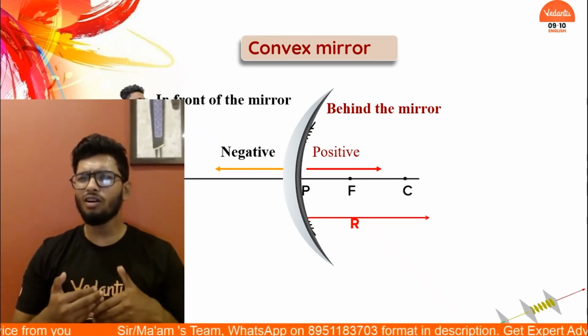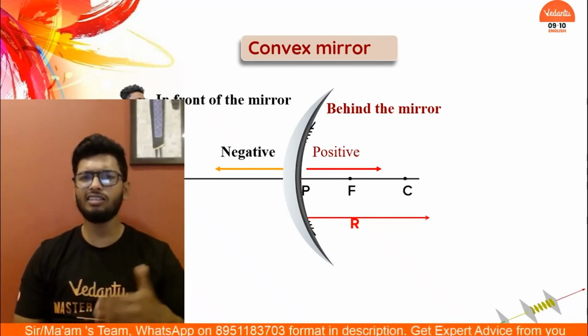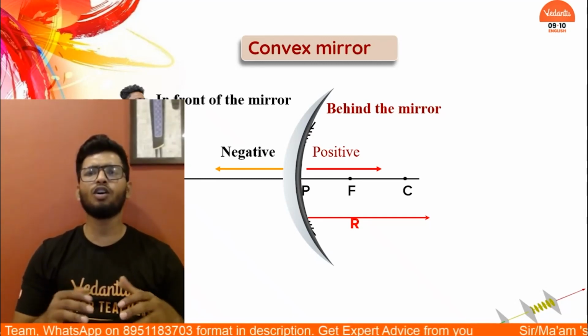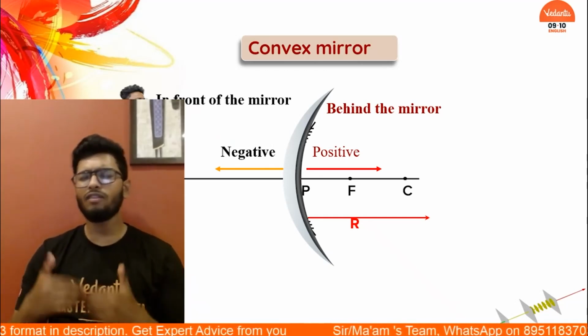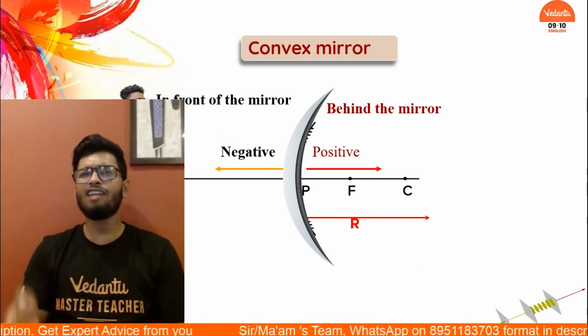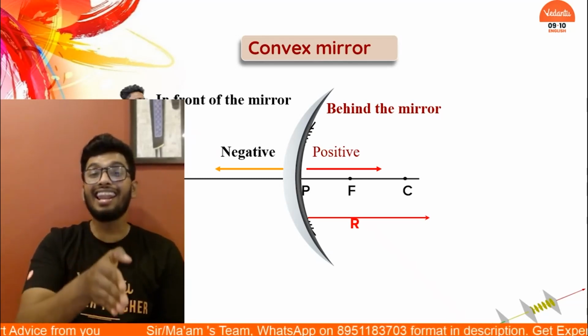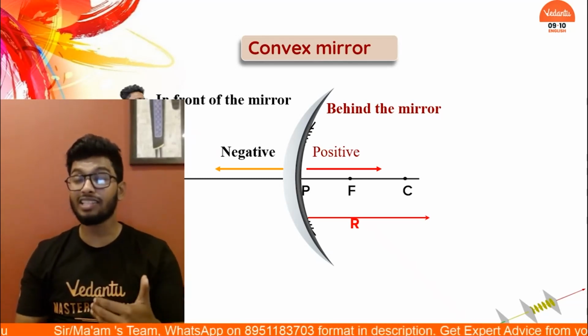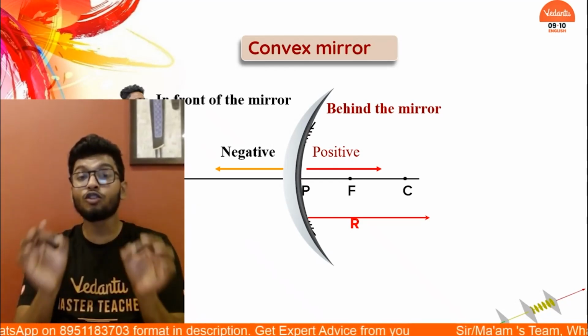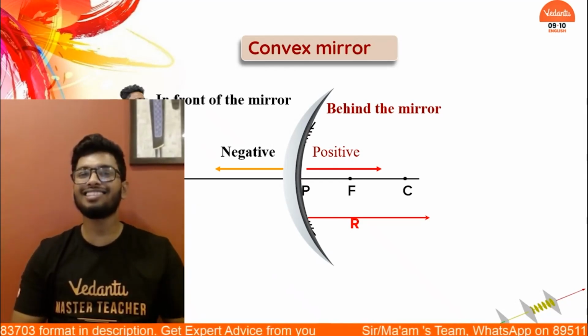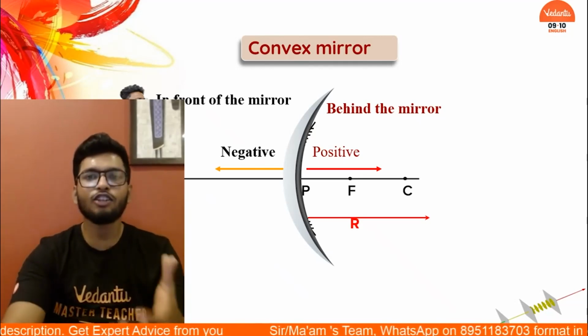Now one of the most basic things that we learned in the very first session is something called as the focus and the center of curvature. Now for a convex mirror, the center of curvature and focus, both of them lie behind the mirror, which means that both the focal length and the radius of curvature here is going to be positive, whereas Abhishek sir, like his nature, is going to be negative.